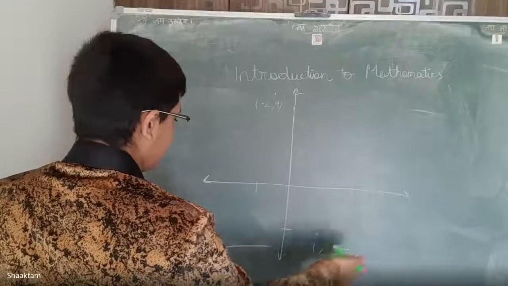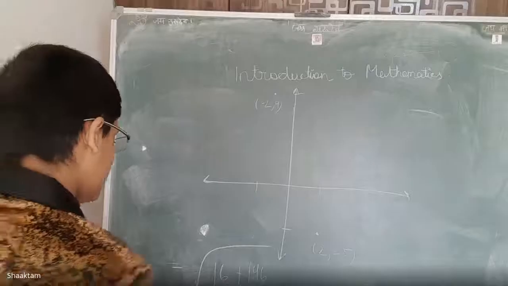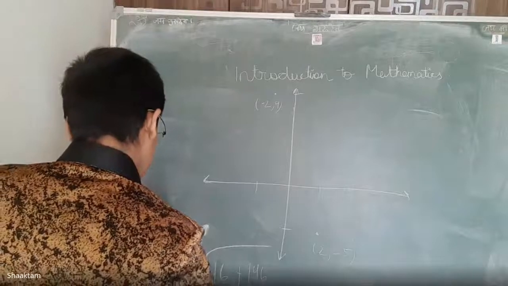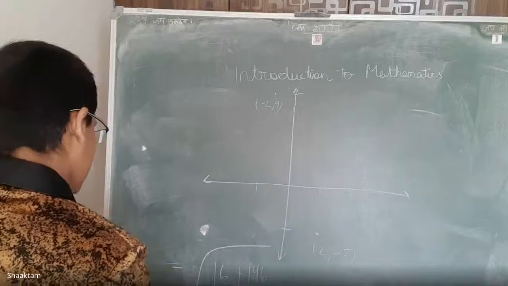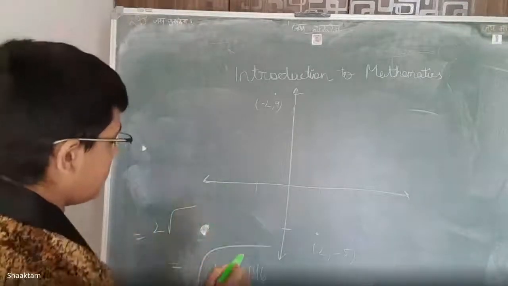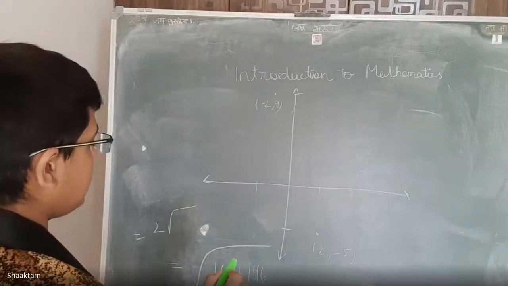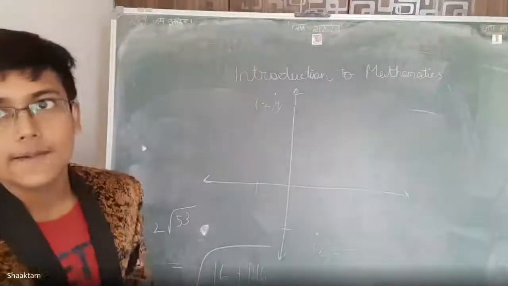So 2 minus 2, 16 and minus 196, right? Root of 212, and 2 root of 212 by 4 will be 53. Yeah, 2 root 53, right?